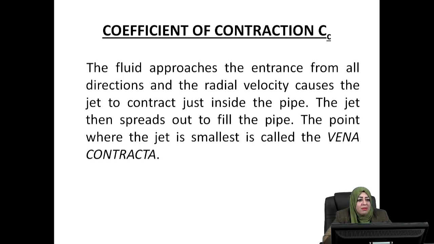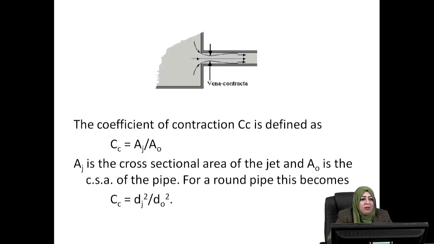The point where the jet is smallest is called the vena contracta, which we can see in this figure. The coefficient of contraction C sub C is defined as C sub C equals A sub G divided by A sub O, where A sub G is the cross-sectional area of the jet, and A sub O is the cross-sectional area of the pipe. For a round pipe, this becomes C sub C equals D sub G square divided by D sub O square. From this law we can calculate C sub C.